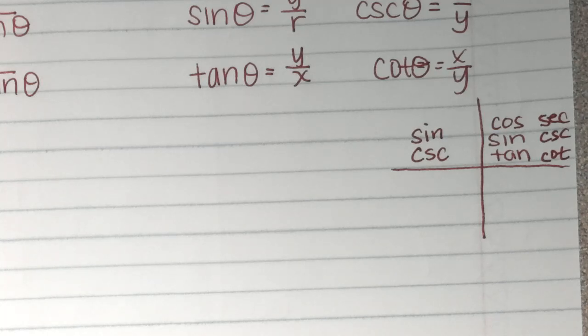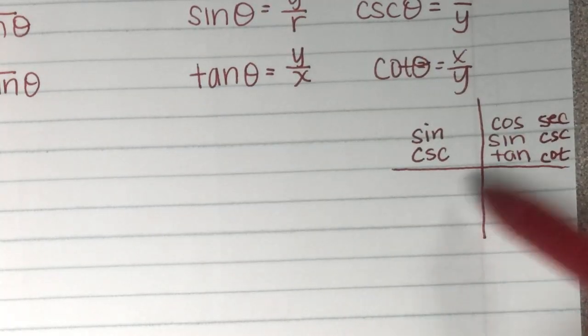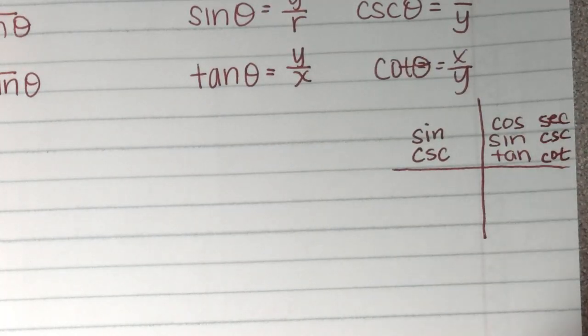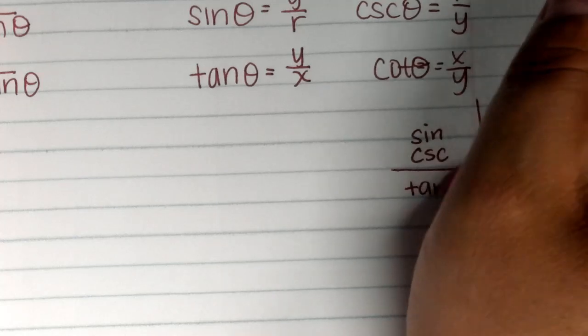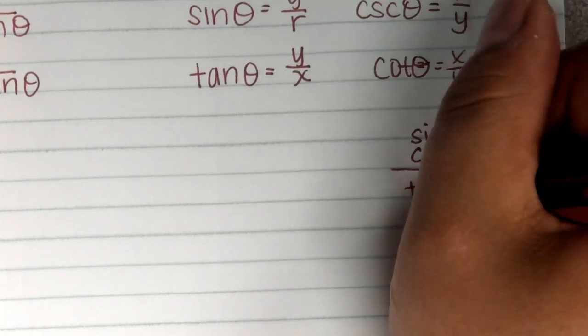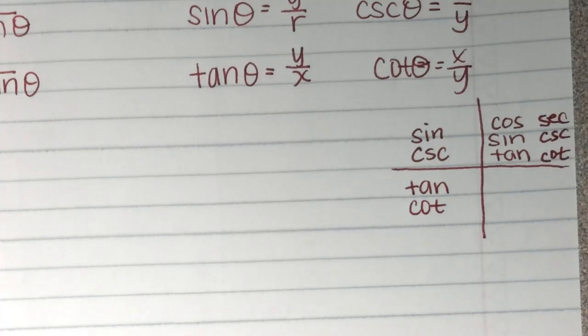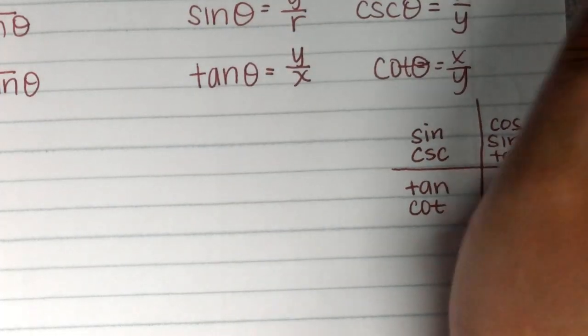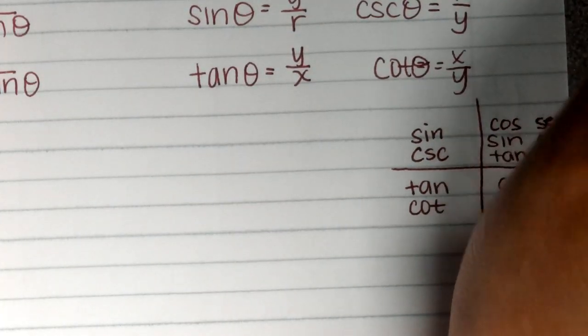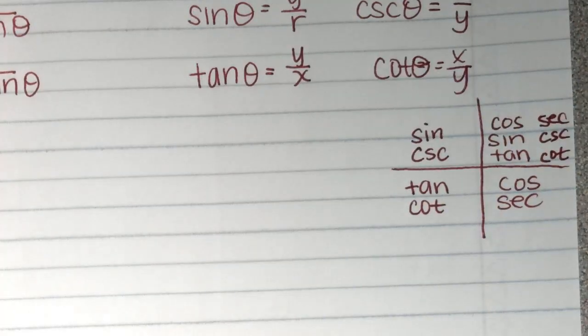What about my third quadrant? Do you agree sine and cosine are definitely not positive in the third quadrant? But tangent is. Remember how yesterday I talked about drawing a line and what's the slope right here? Tangent is positive in my third quadrant. And so if tangent is, cotangent also is. And last but not least, in the fourth quadrant, cosine is positive and secant.